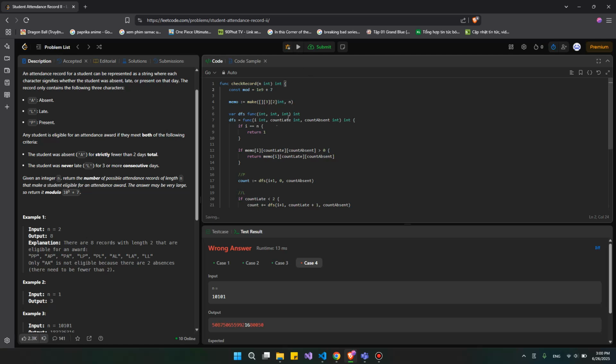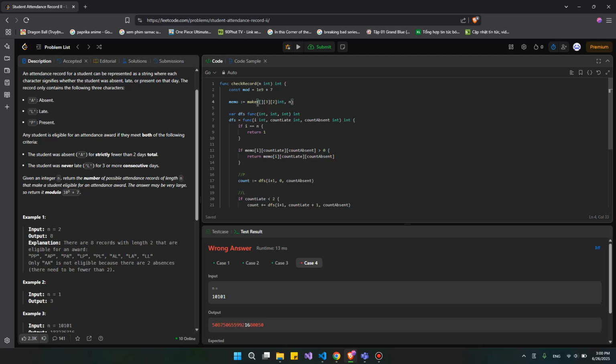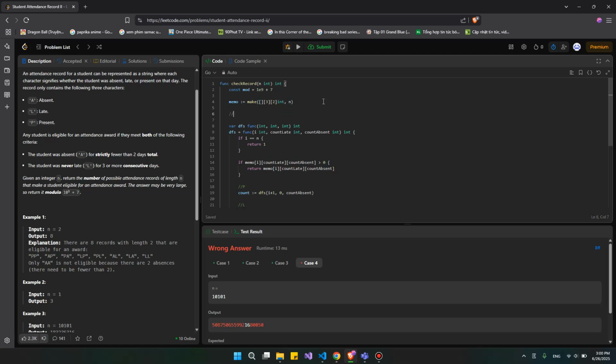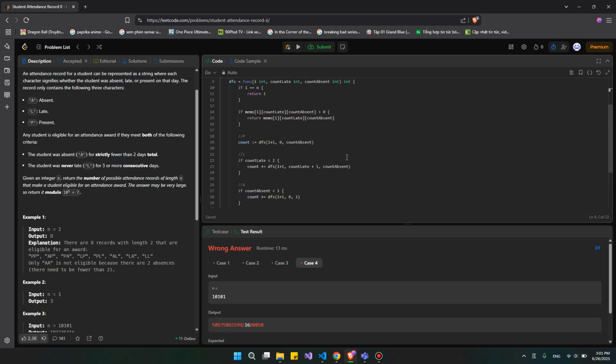I want to talk a little bit about the reason why it will work, because we have checked the cases. The time complexity of it will be, multiply three by three... it equals six and... But it is a recursion solution, so it is not the best.